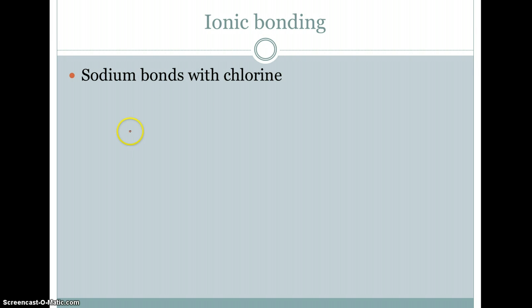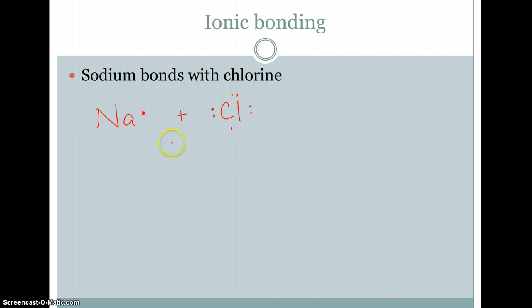For example, let's look at sodium bonding with chlorine. So sodium, if we look at the periodic table, it has 1 valence electron. And then chlorine, when we look at the periodic table, has 7. 1, 2, 3, 4, 5, 6, 7. So that means sodium wants to lose the one that it has and fill up its previous energy level.